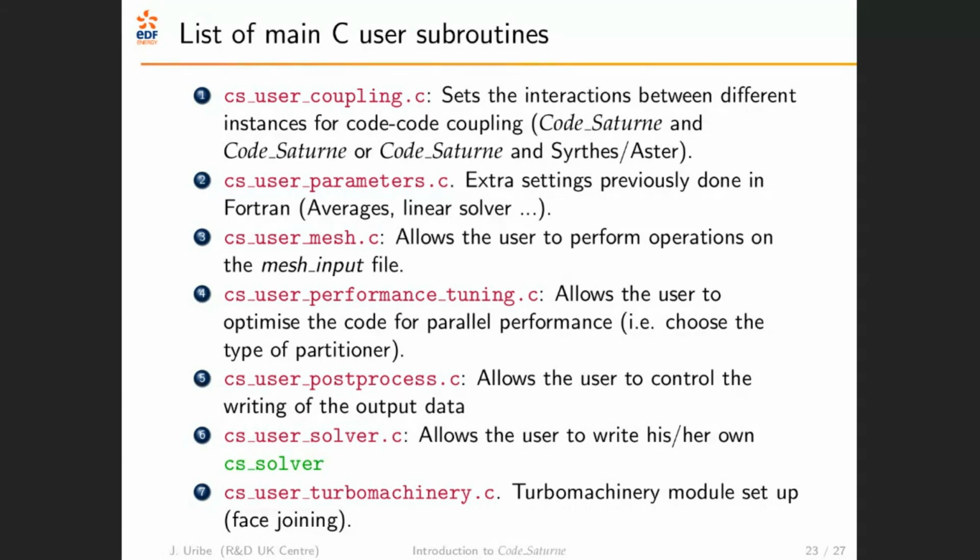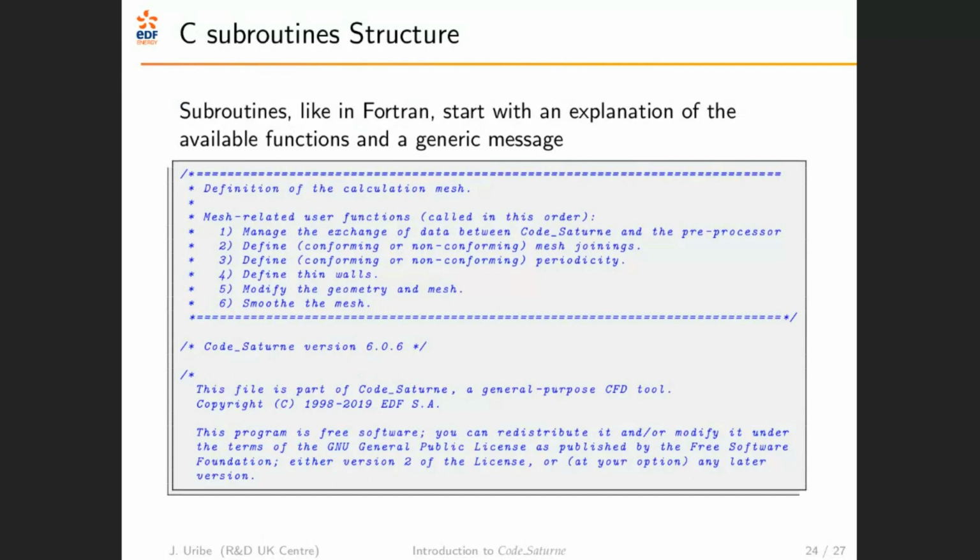Another thing that you'll use later is cs_user_performance_tuning, which allows you to change the settings for things like partitioning. cs_user_postprocess lets you write new writers or new parts as well. Or you can even write your own version of the solver by using cs_solver.c. So there's quite a lot of things. Again, you can have more details in the theory and user documentation.